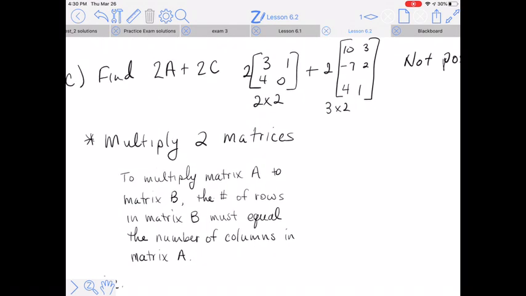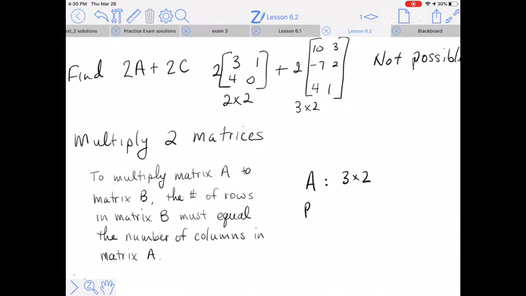For example, if matrix A is, let's say, a 3 by 2, and matrix B is a 2 by 2.